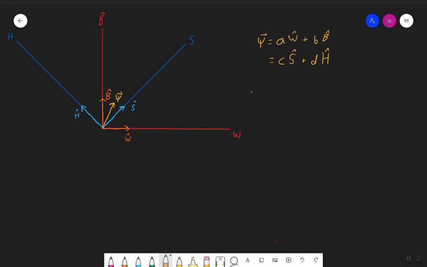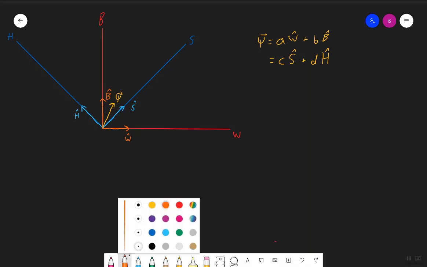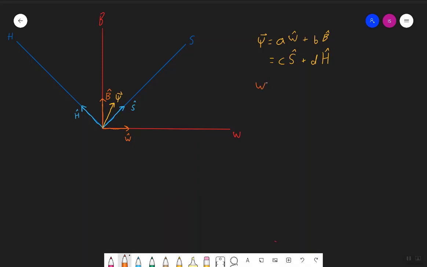We know that the white unit vector is the soft unit vector minus the hard unit vector over the square root of 2.